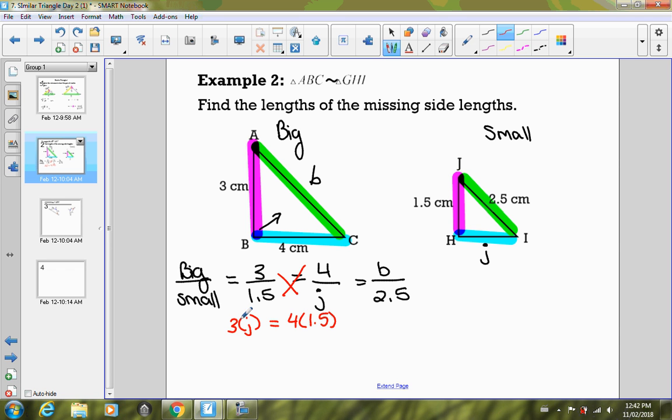Hopefully when you do 3 times j, you get 3j is equal to, and again, you should have your calculator out and be doing these calculations with me. When we do 4 times 1.5, we get 6. And we know our next step is we divide by 3, so j is equal to 2.